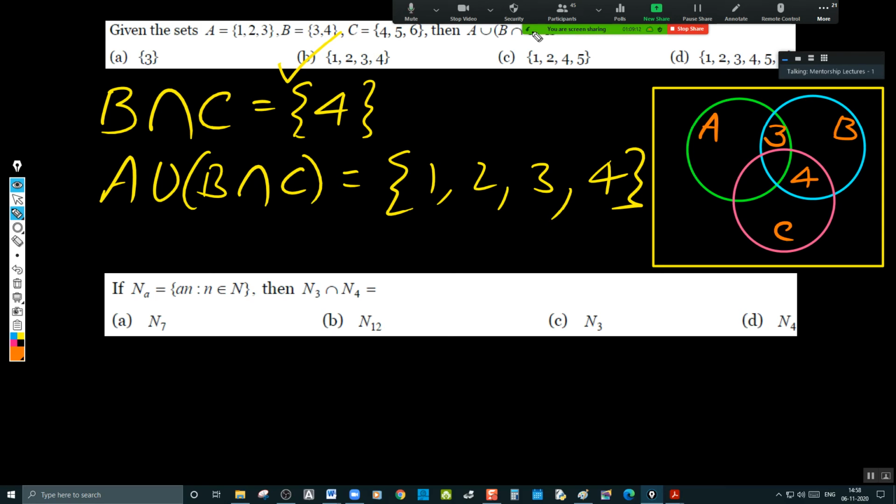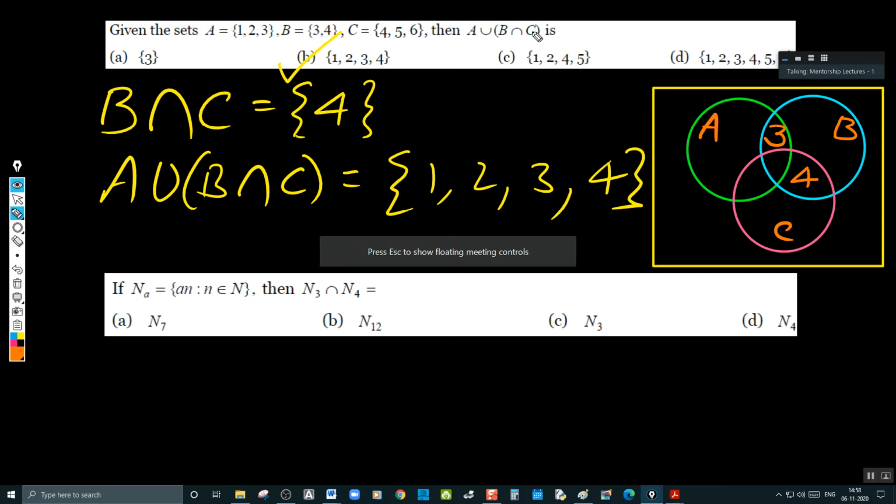Are you there, everyone? Are you seeing this or not? AB has a common element 3, that's what I marked. And BC has a common element 4, and that's what I marked. What else is remaining for B? 4 is remaining, and that 4 is already there, 3 and 4 completed. For C, there are 4, 5, 6, so 5 and 6 will be outside of it.